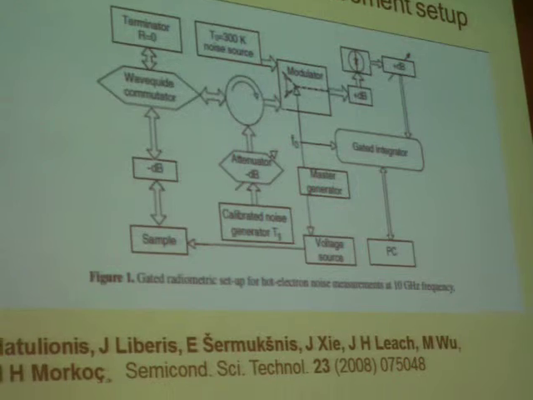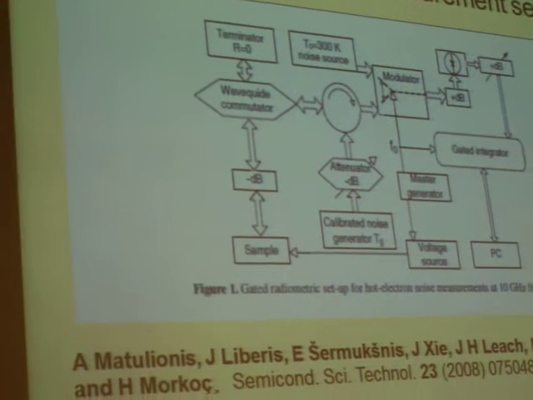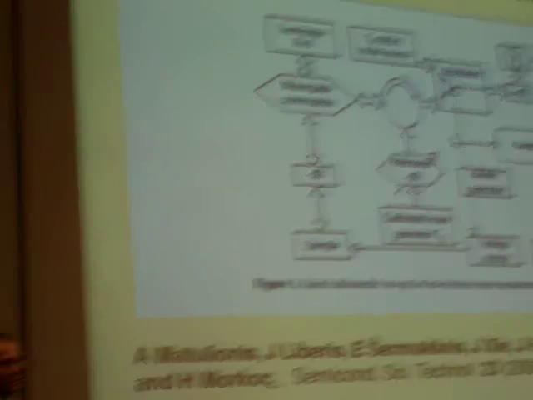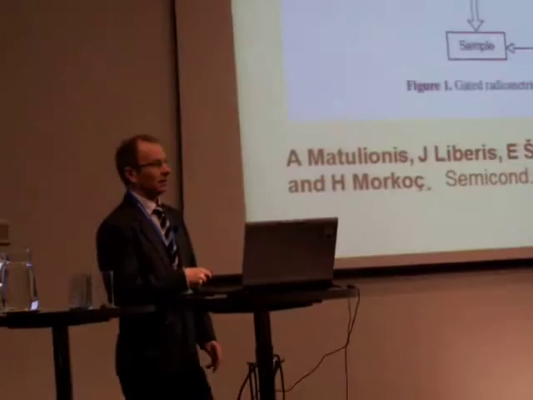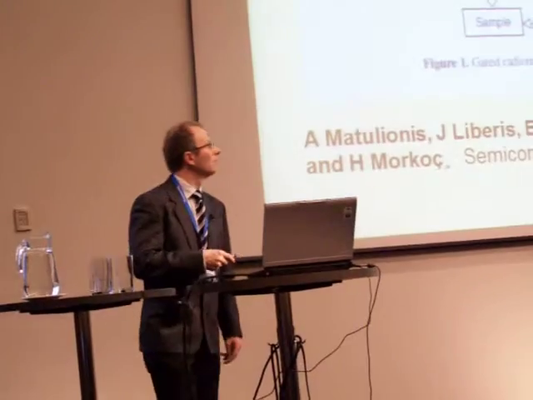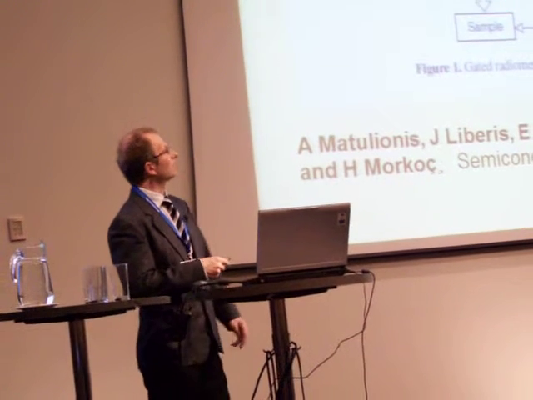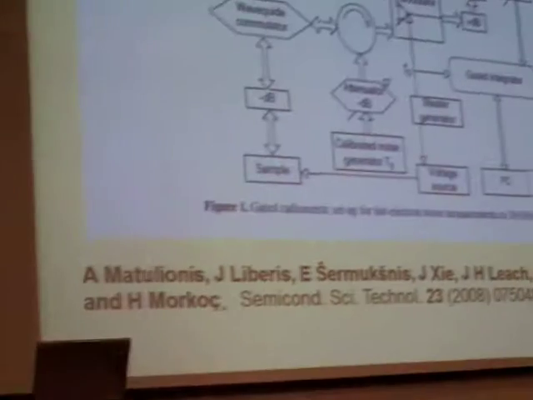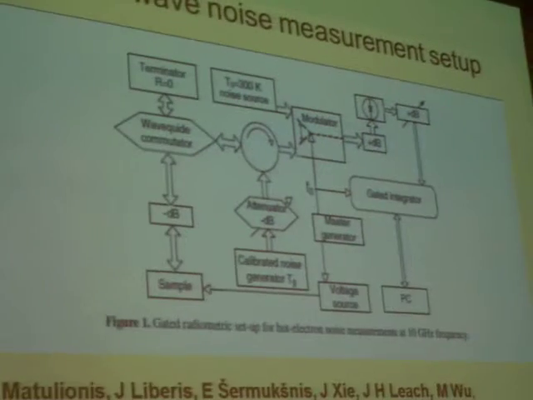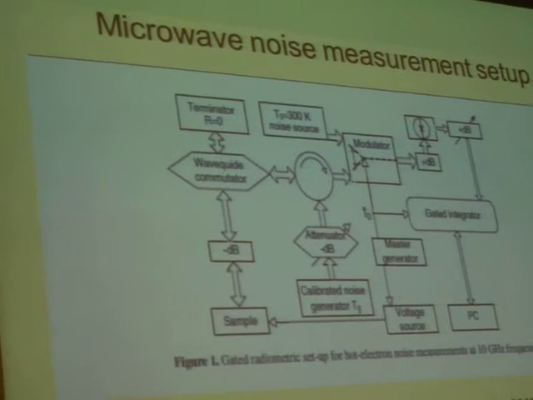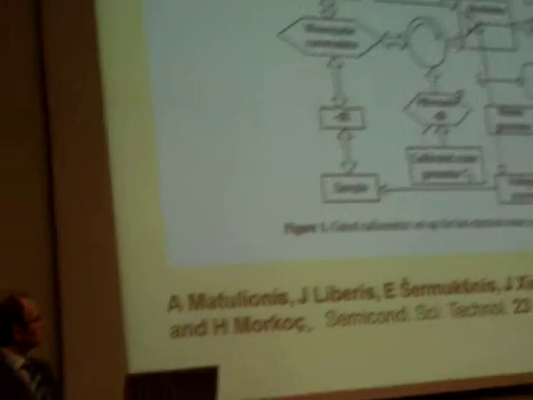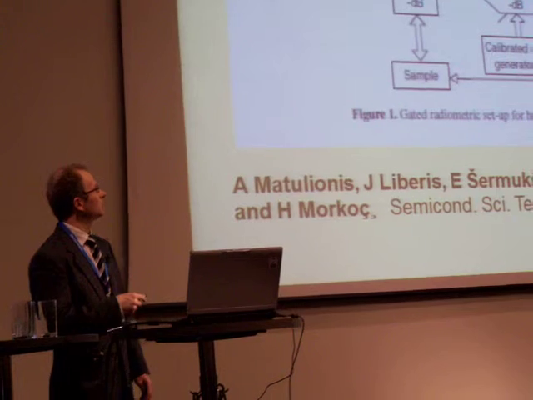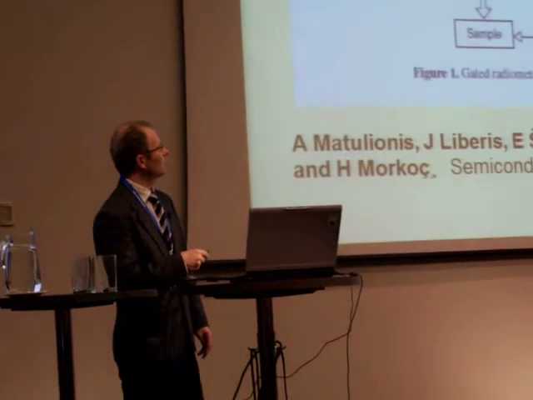Now we will introduce the noise technique to study energy dissipation in 2D and 3D channels. When electrons are heated up, fluctuations in the electron's velocities are enhanced and cause stronger fluctuations in the current. These fluctuations emit electromagnetic radiation that is measured with a sensitive radiometer.